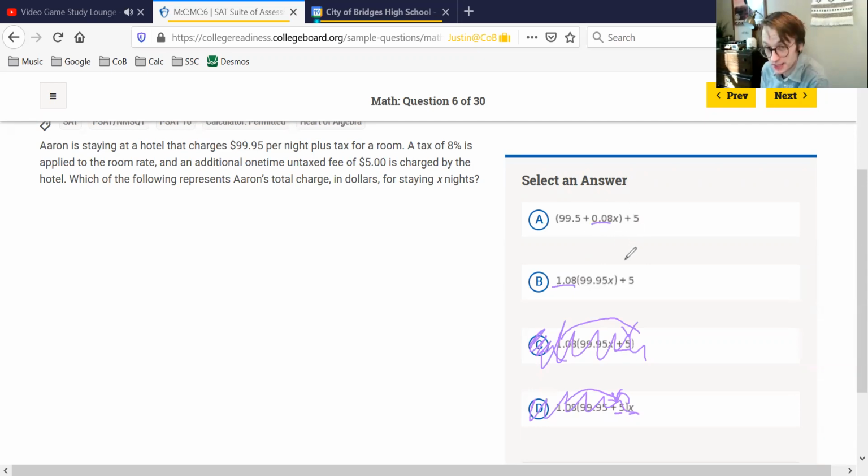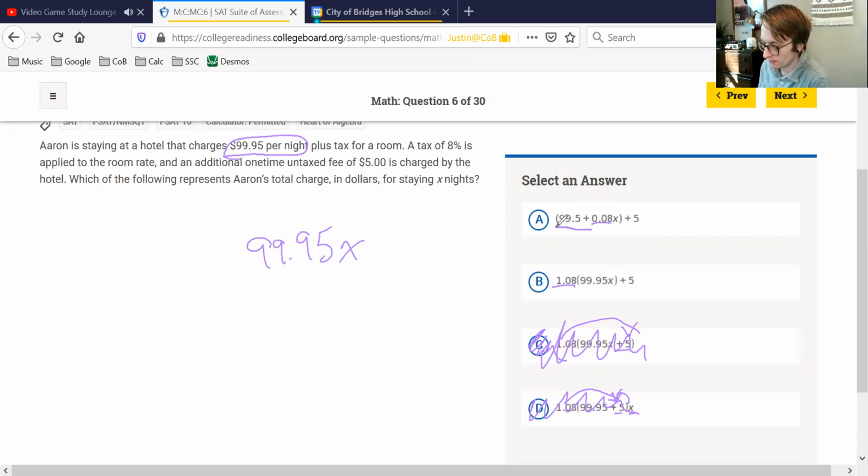X is the number of nights that we stay. The room rate is $99.95 per night. So if it's $99.95 per night, times the number of nights that you stay, you would write something that looks like 99.95x. We want to see that somewhere, and we don't see it here.